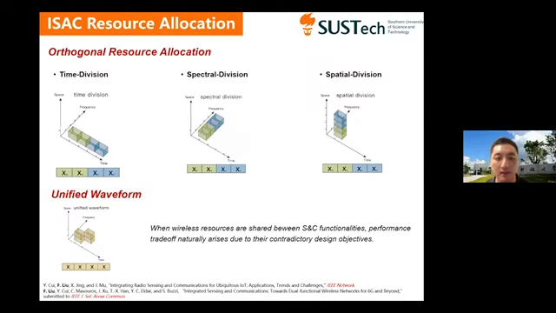In all these cases, because resources are limited, when wireless resources are shared between communication and sensing functionalities, a performance trade-off naturally arises due to their contradictory design objectives.